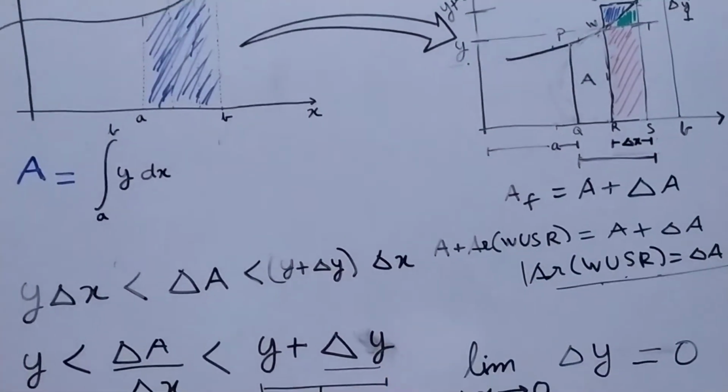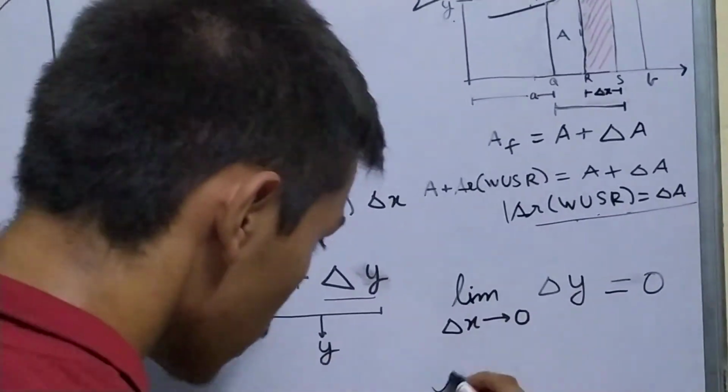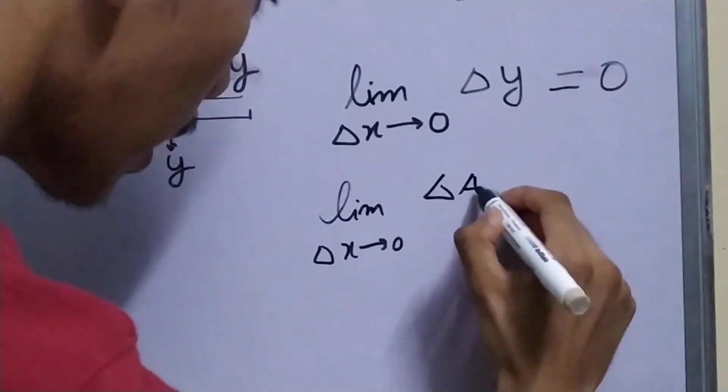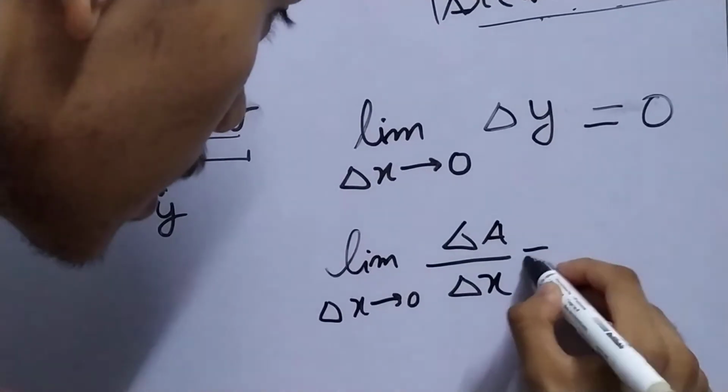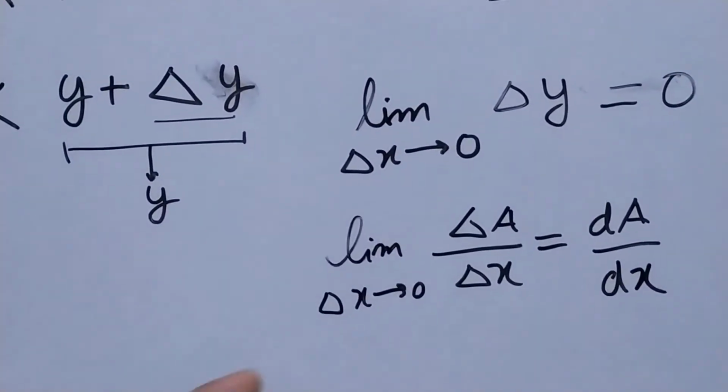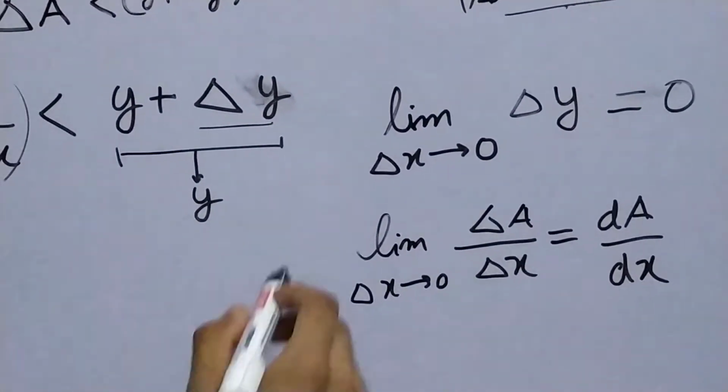And this expression, the limit as delta x approaches 0 of delta A by delta x, will become dA by dx using our definition of derivatives. That is how this is defined.